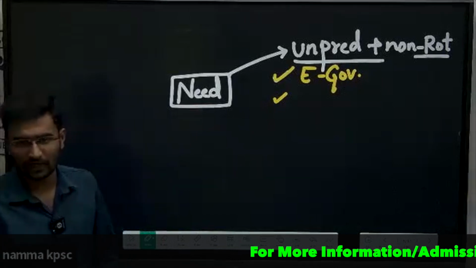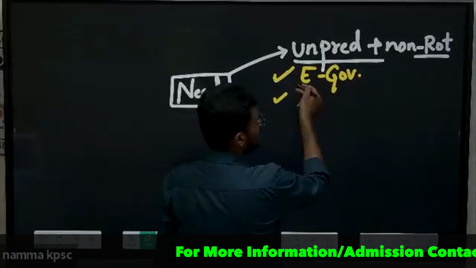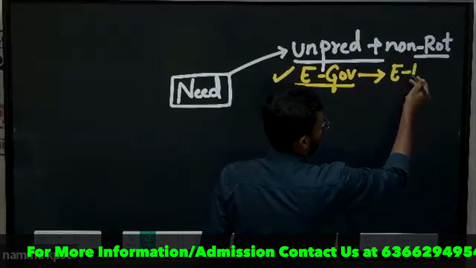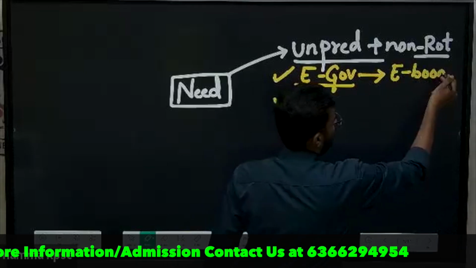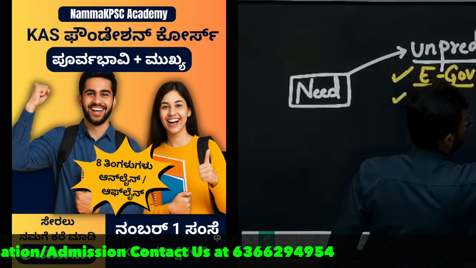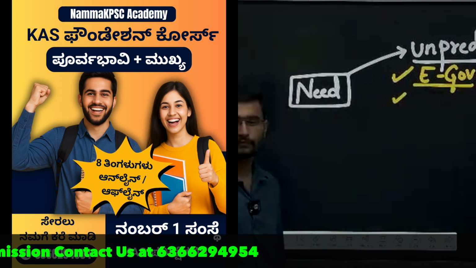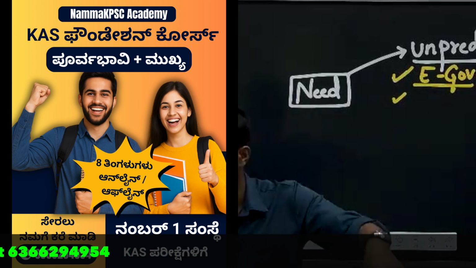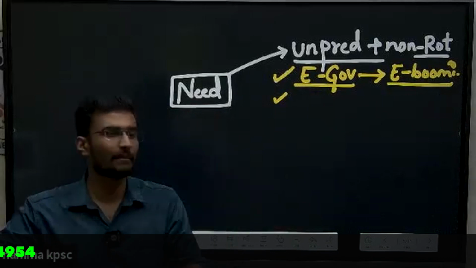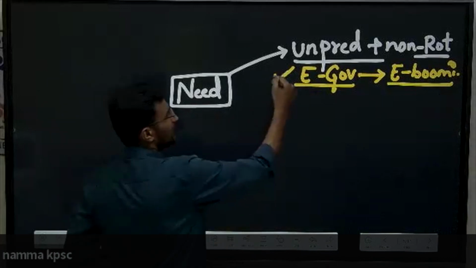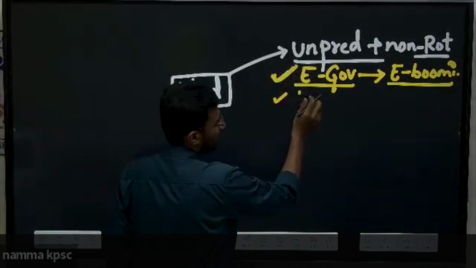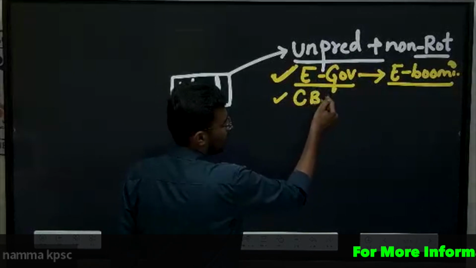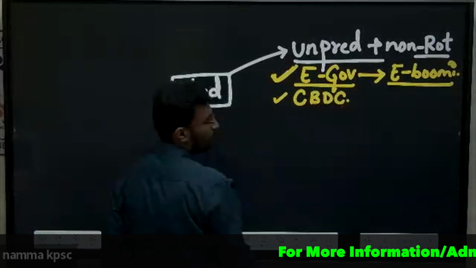Implementation of e-governance, for example e-Bhoomi. At the time of e-Bhoomi, did we know the predictability, that exactly this much efficiency would come, exactly this percentage, how people will respond? No. Similarly, take the recent example of CBDC. What is CBDC?